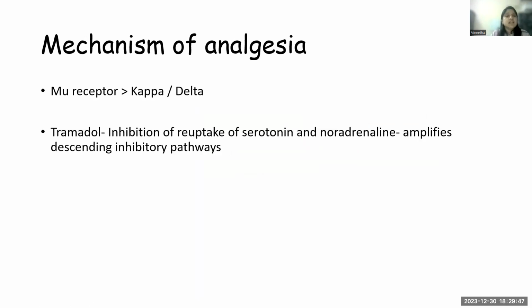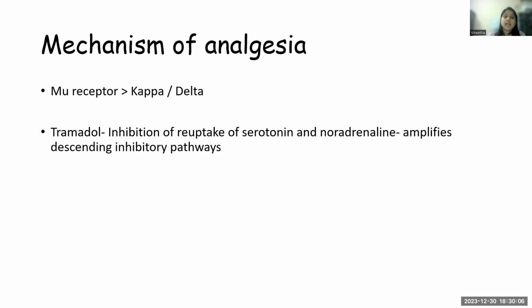The mechanism of analgesia is mainly mediated through the mu receptor, but kappa and delta receptors also mediate analgesia. Why is tramadol effective in neuropathic pain? Because it inhibits the reuptake of serotonin and noradrenaline, thereby amplifying the descending inhibitory pathways. Earlier, when I talked about modulation, I told you there is excitatory modulation and inhibitory modulation.